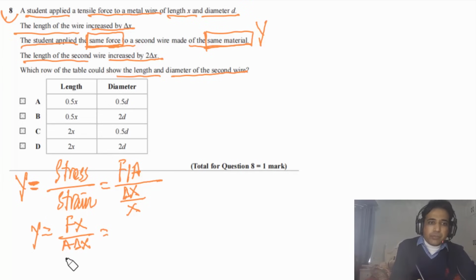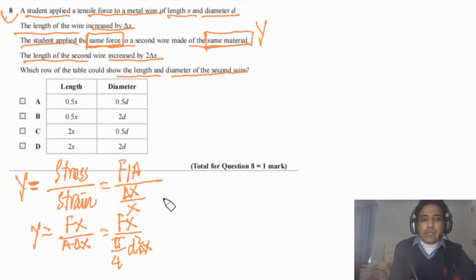We can also write down the equation for cross sectional area. We can say this will be equal to pi by 4 d square times delta x. So here we have delta x. We can further simplify. We can write down Y over F multiplied by pi by 4.